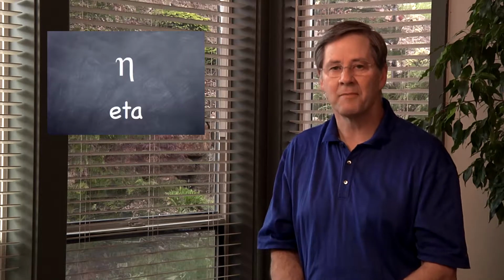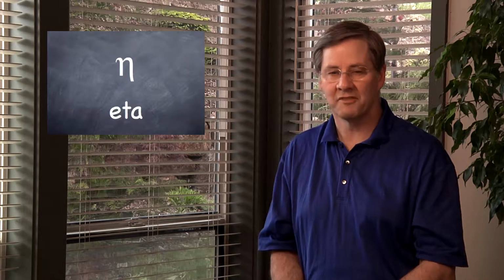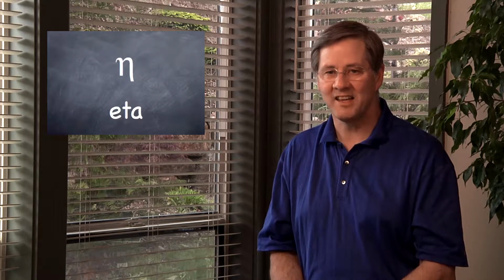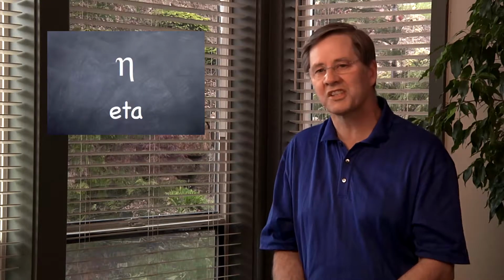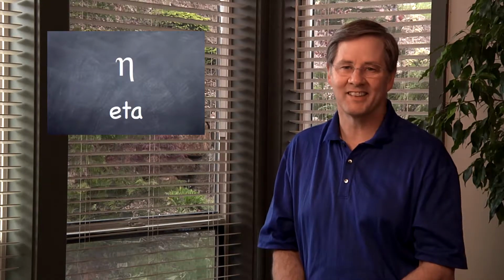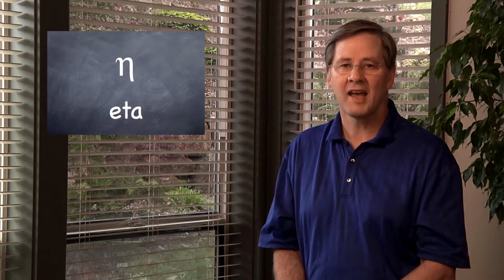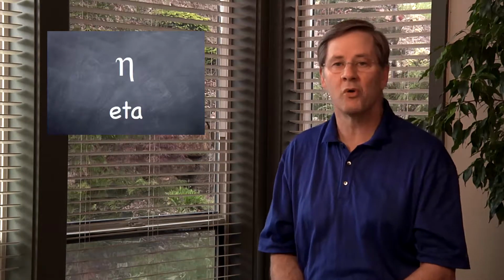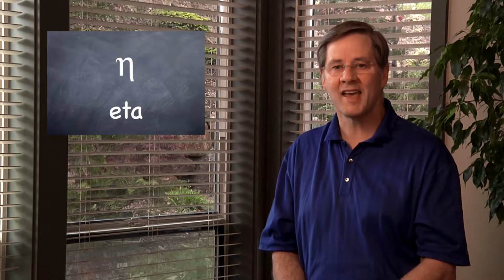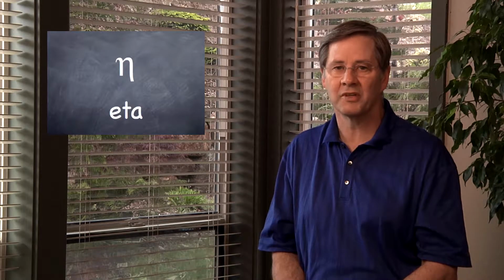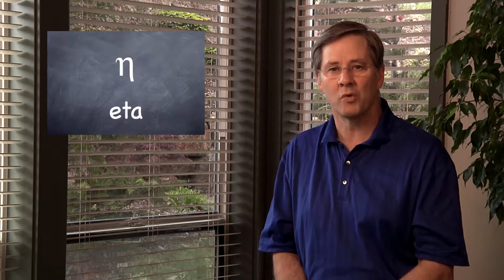The next letter is the long E vowel. It's called an eta. I know it looks like an N, but it's not. It's the eta. It's a long E-class vowel. And we have this in English, for example, in the word obey. So eta is the A sound, as in the English word obey.